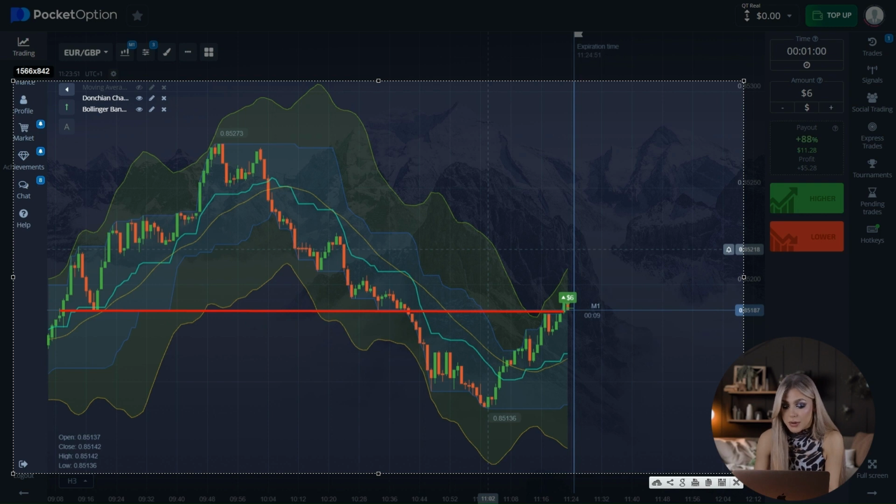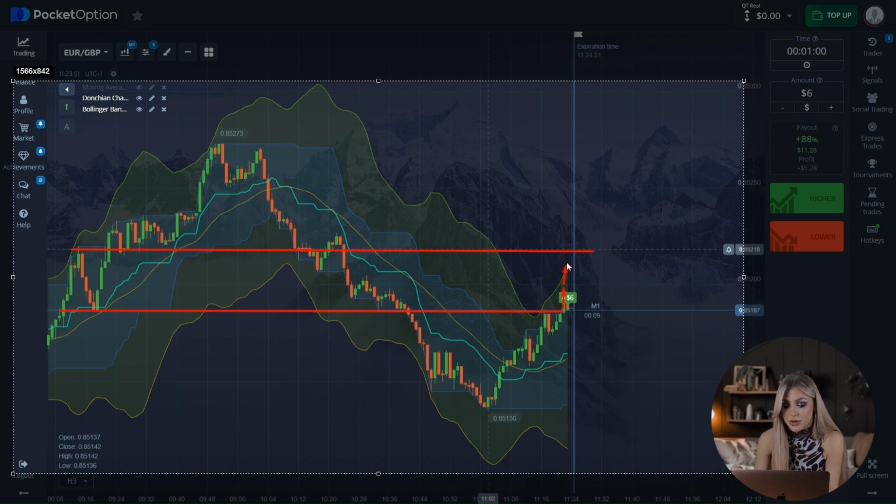And this, I remind you, is the point where the upper line of Bollinger, Donchian, and the chart intersect. And even if we look at the next nearest resistance level, which is at this mark, it is clear there is good potential for the price to rise to this level.